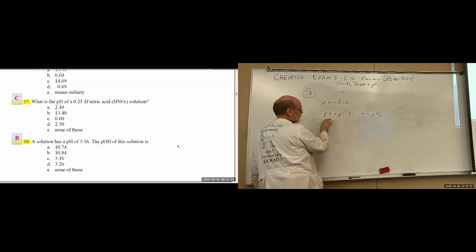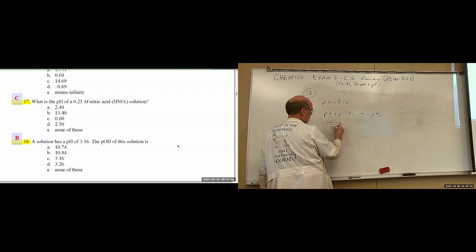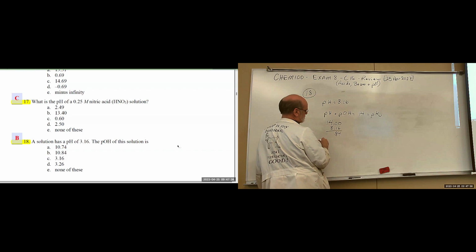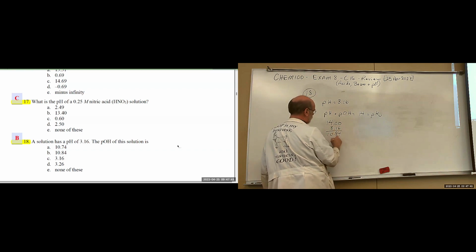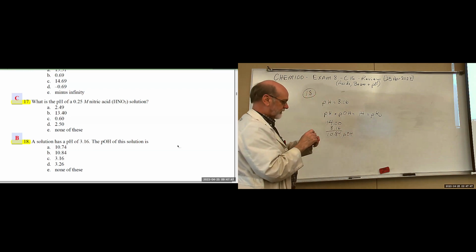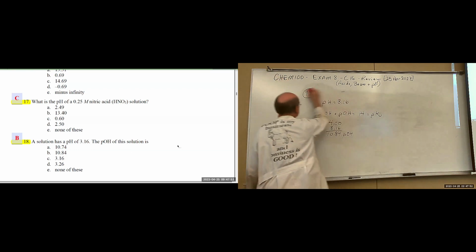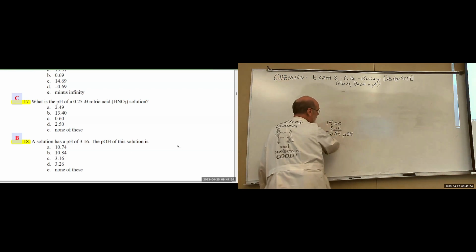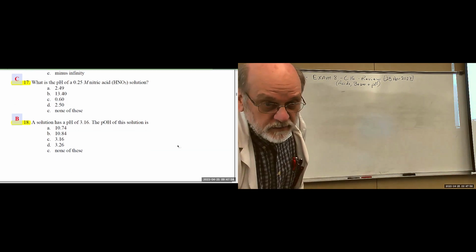So we know this one. We just need to subtract it from 14. 14 minus 3.16 is 10.84 pOH. All right. Moving right along. Scroll to the next one.